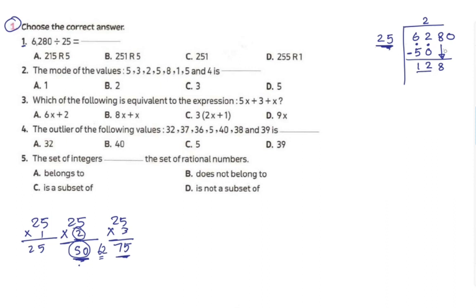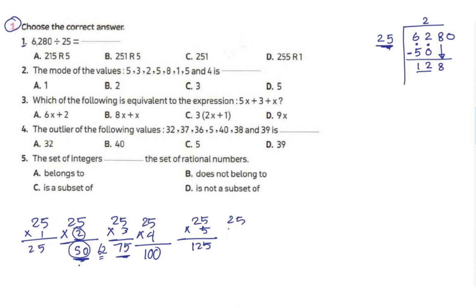It's okay, but how many 25s are in this 128? Look here. If 3, it equals 75. No, I need 128. The closest number gives me a result close to 128. So if I use 4, of course it's 100. If I use 5, it equals 125.